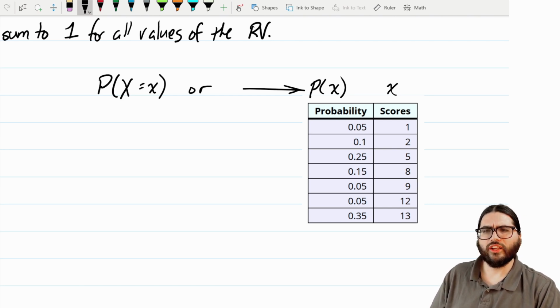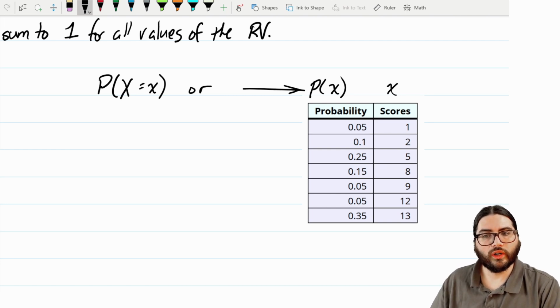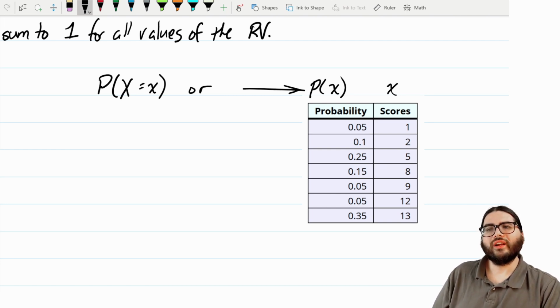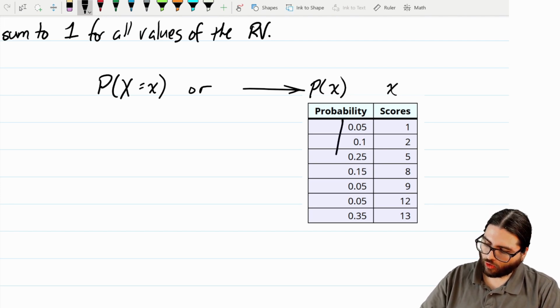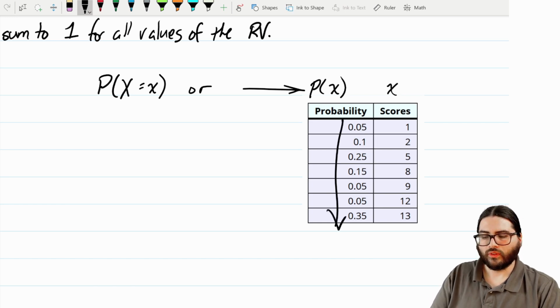Just like any other probability, probability must be between 0 and 1. And just like before, if I added together all of the outcomes, I should arrive at a total probability of 1. Right? That captures all of the outcomes of the experiment in the sample space. Same thing here in the probability distribution. If I added together all of these numbers, I should get a total of 1.